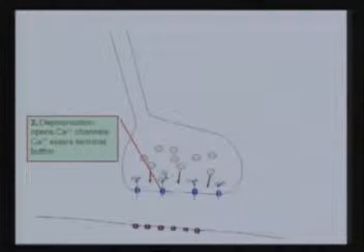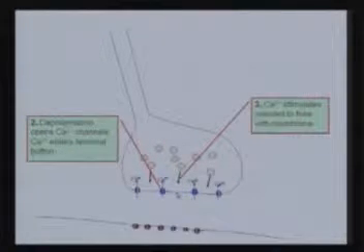The vesicles having neurotransmitters will come and attach to the membrane, and when they attach to the membrane and fuse, they will release the neurotransmitter.